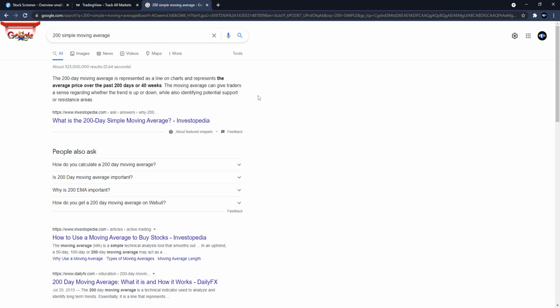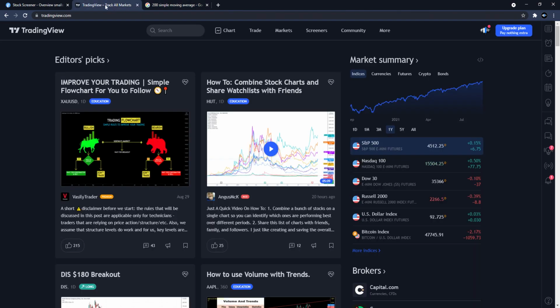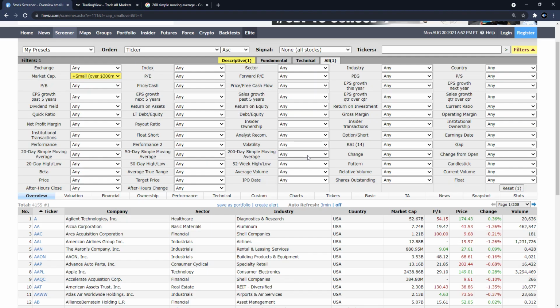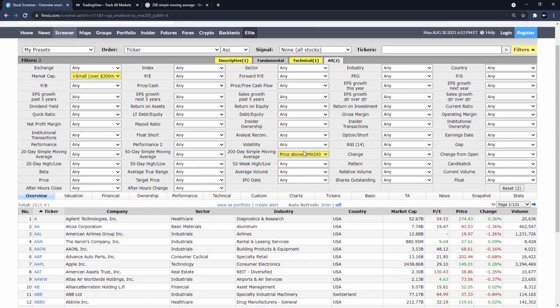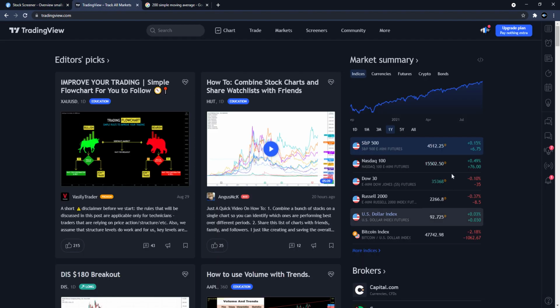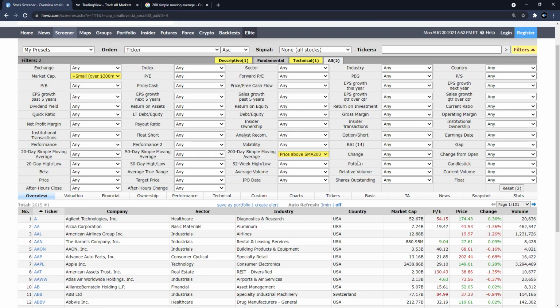The moving average can give the trader a sense of whether the trend is up or down, while also identifying potential support or resistance areas. What we want is for the price to be above the SMA, which indicates that we are in a bullish trend. It's a pretty good thing. We're using this filter, and we're going to take a look at some stocks on the chart.